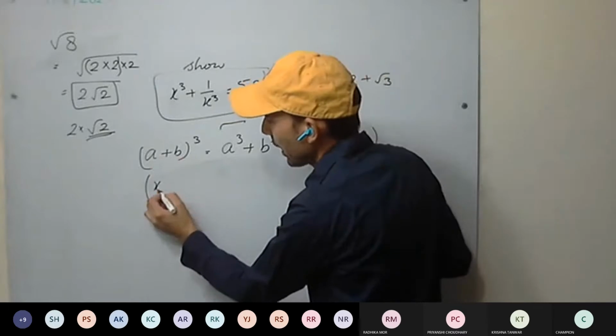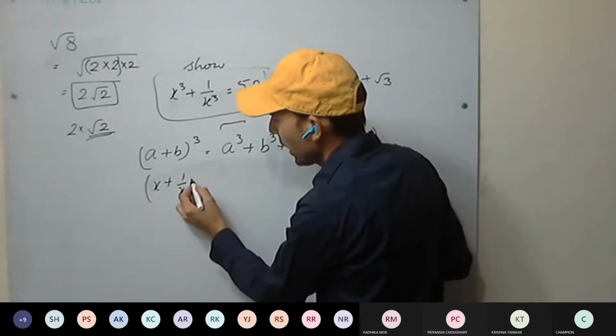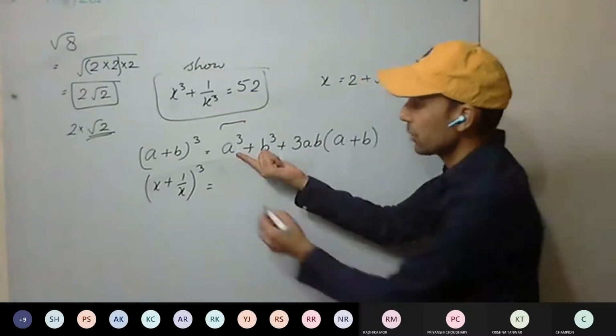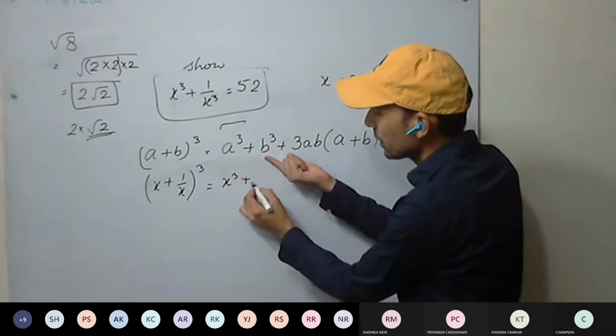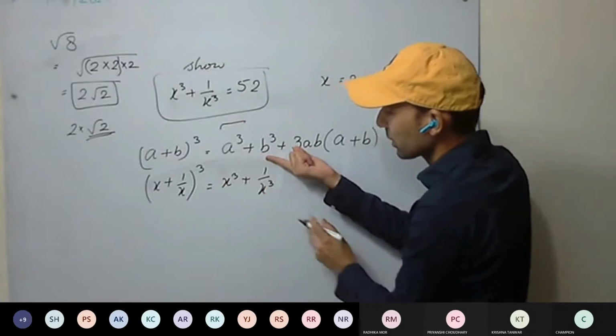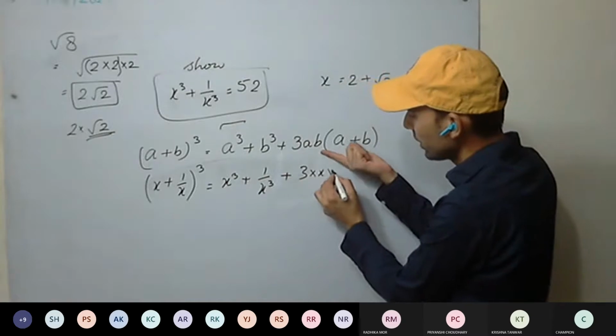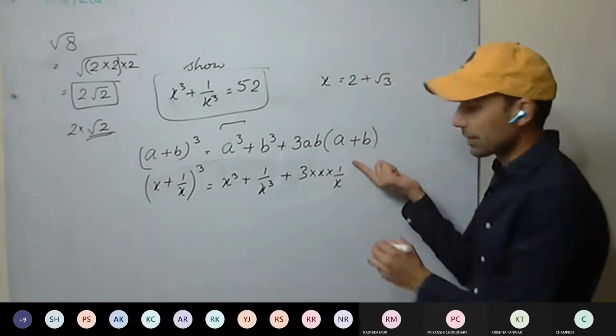It will be x plus 1 upon x, the whole cube, which equals x cube plus 1 upon x cube plus 3 into x into 1 upon x.